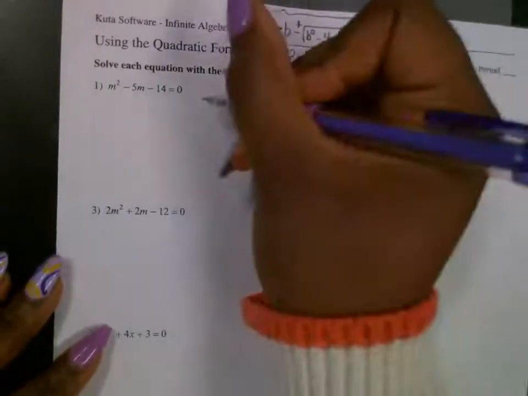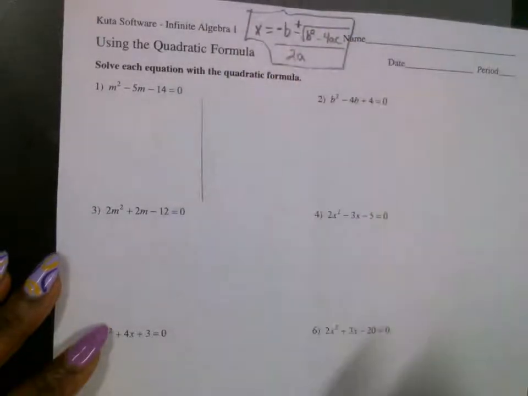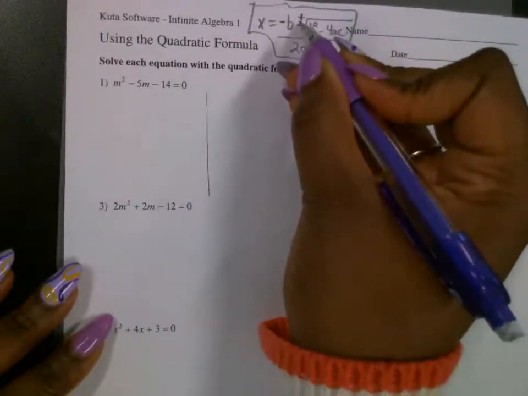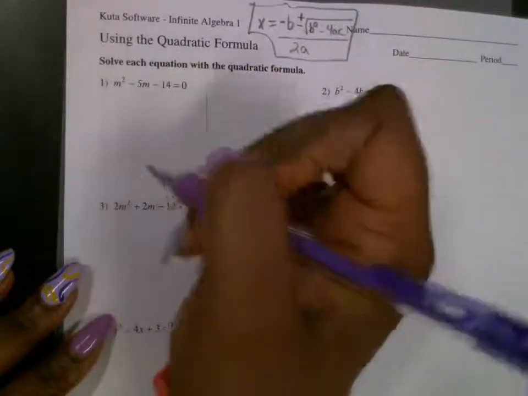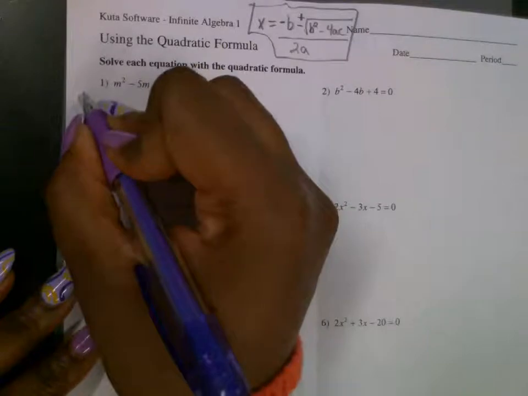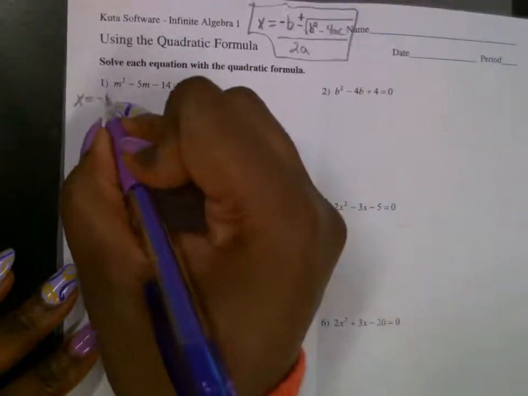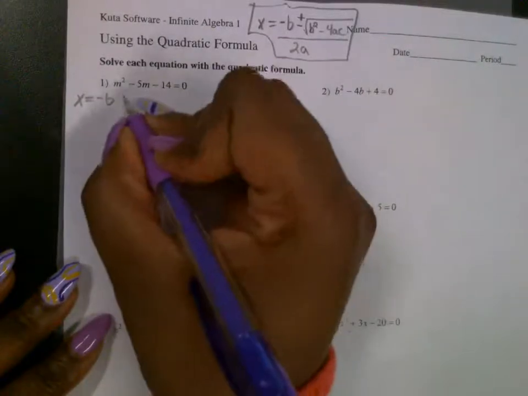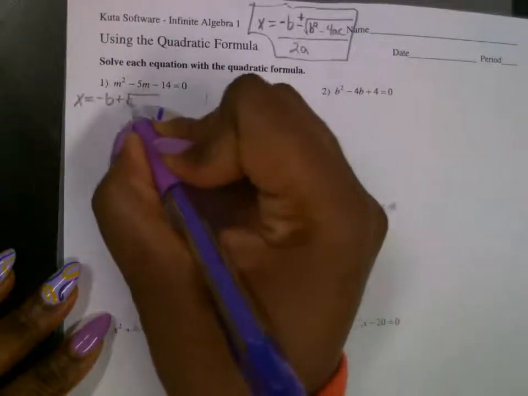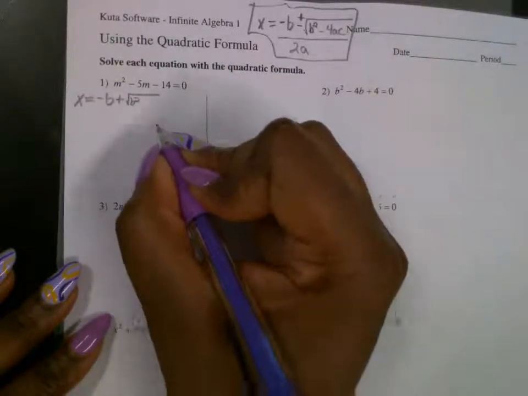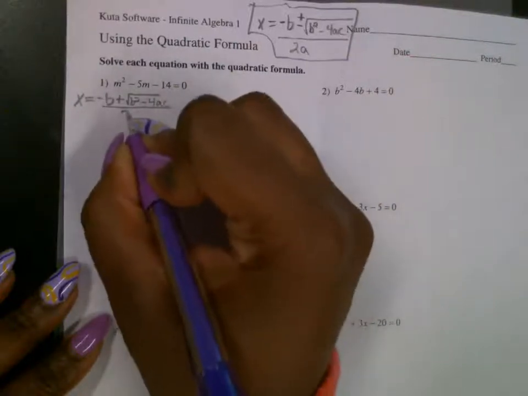All right, so you're going to do the quadratic formula twice for these. First time you're going to do plus. The second time you're going to do minus. So I'm going to rewrite the formula. I have x is equal to negative b, plus the square root of b squared minus 4ac, divided by 2a.